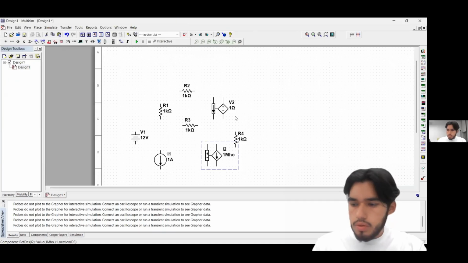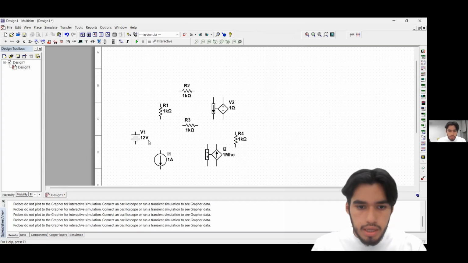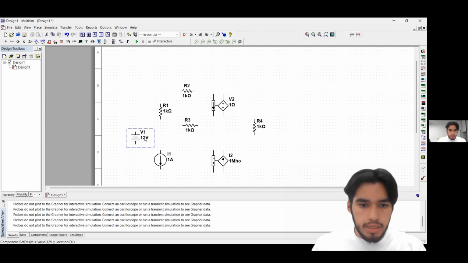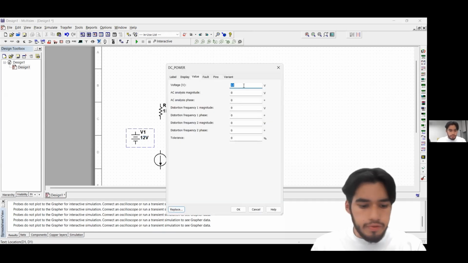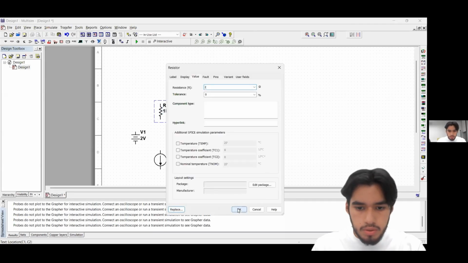So we have to change the direction, and finally this one is here, this one here. We're gonna define the values. For our first voltage we have 2. For the resistance, the first resistance is 2.